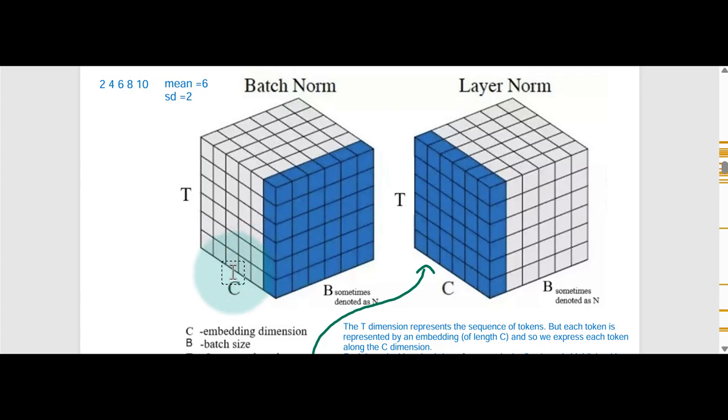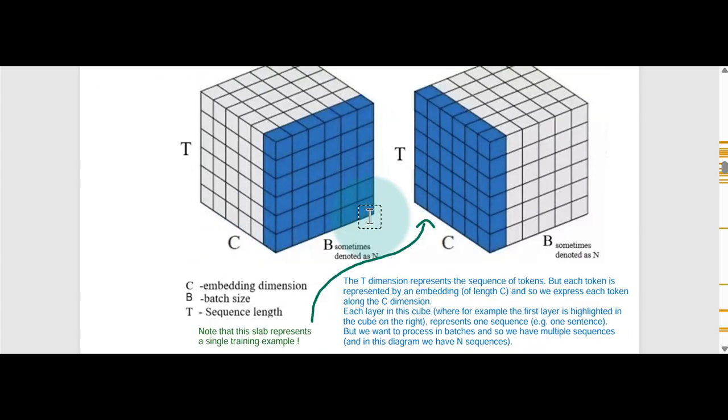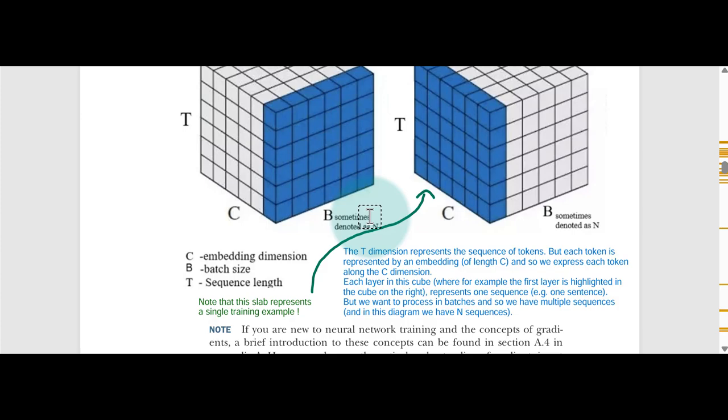And let's say that our sequence length is also 6, just to fit this picture, and the number of elements in the batch is also 6. It doesn't have to be these numbers. C could be 2, T could be 8, and B could be 10. They could be any numbers, but let's just assume they're all 6 right here because that's what this picture shows.